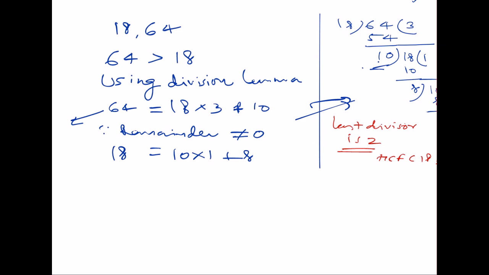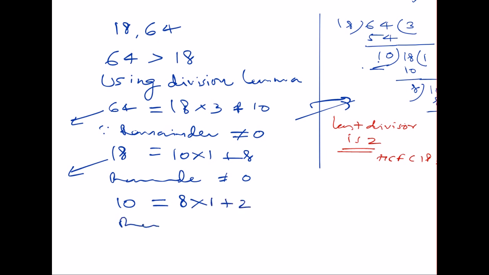Now again, since the remainder is not equal to 0, we will go to the next step. So we shall ask this gentleman 18 to move away and invite 10 in its place to become the new dividend and the remainder to be the new divisor. So you can see 8 ones are 8 plus 2.